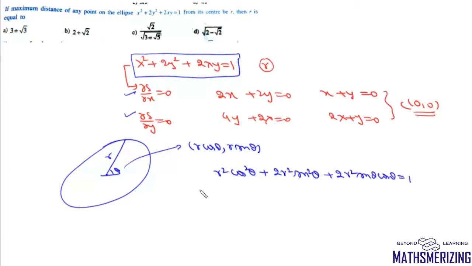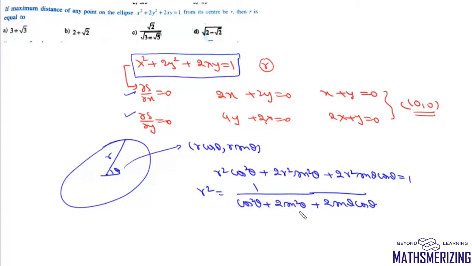So from here we can write r square is equal to 1 upon cos square theta plus 2 sin square theta plus 2 sin theta cos theta.